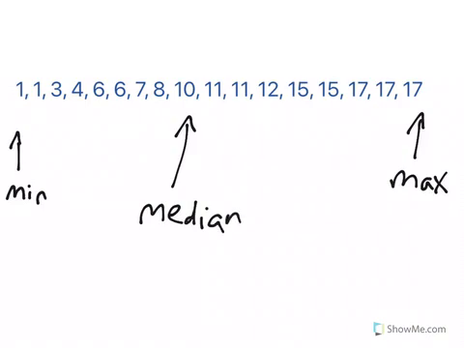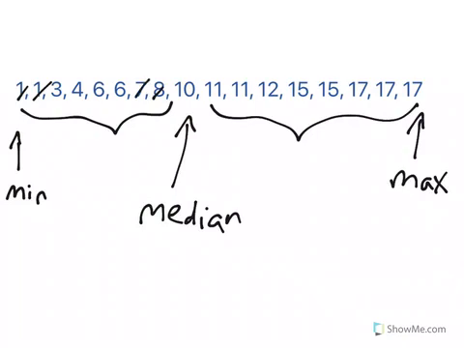Now, we're going to find there's a lower quartile and there's an upper quartile. Essentially, the lower quartile is taking the bottom half of the data, and the upper quartile is taking the top half of the data, and it's finding the median. So, for the lower half, we have 1, 1, 2, 2, 3, 3, and then we've got 2 numbers here, so we know that our quartile 1 is going to be equal to 5, because 5 is in between 4 and 6.